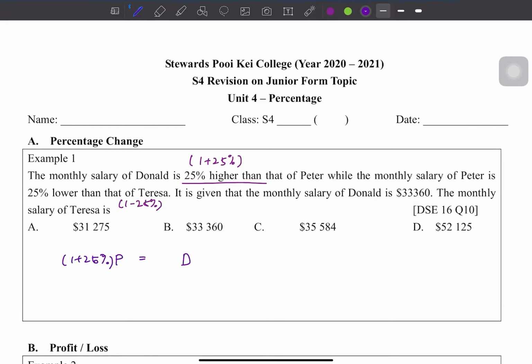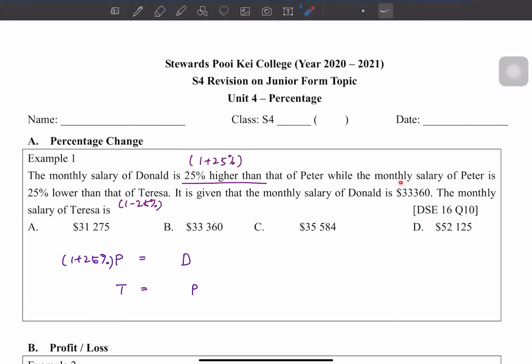Okay, another example. The monthly salary of Peter is 25% lower than Teresa. So I will consider the question in this way. I need to think about 1 minus 25% being multiplied to the salary of Teresa or the salary of Peter.